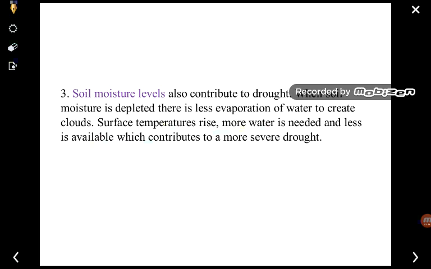When the soil moisture is depleted, there is less evaporation of water to create clouds. The water which is stored in the soil also gets exhausted because of the high temperature, and the water which is available to the plant is not at all present.